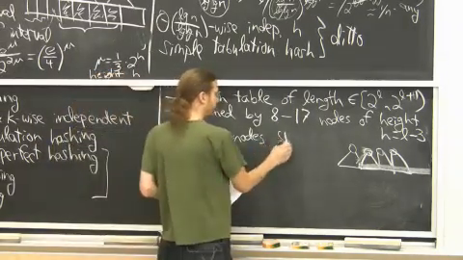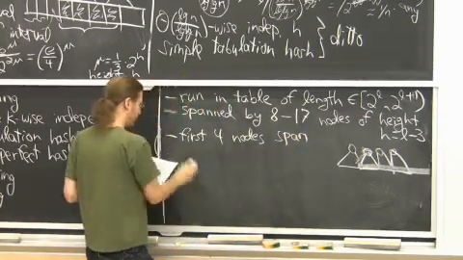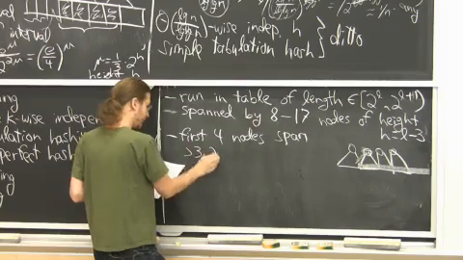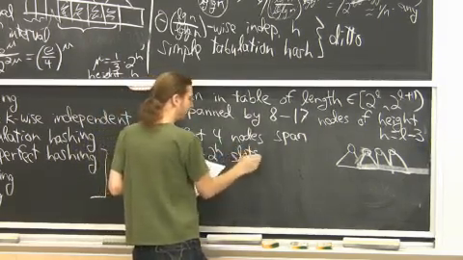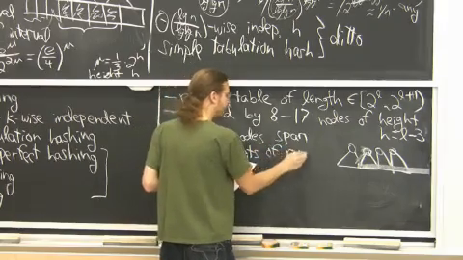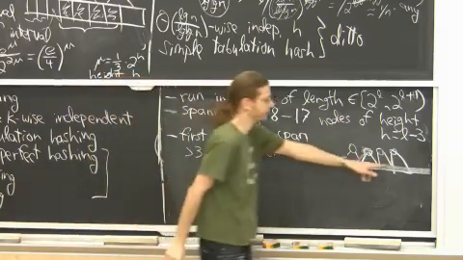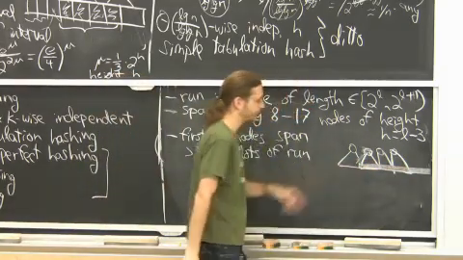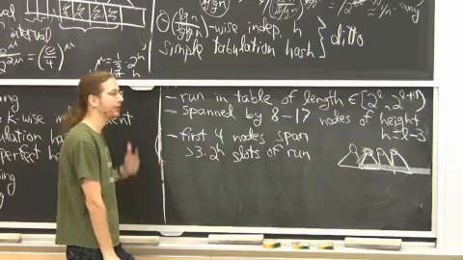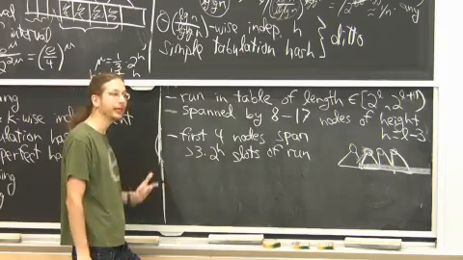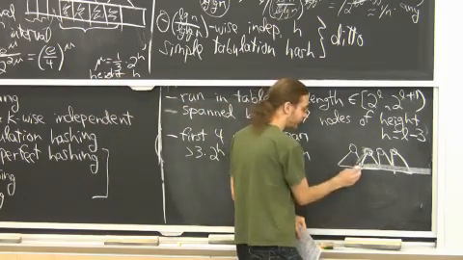They span more than 3 times 2^h slots of the run. Somehow, 3 times 2^h, because there are 3 of them that are completely filled, otherwise it would be 4. Somehow 3 times 2^h items ended up here. Now, how did they end up here? Notice there's a blank space right here.